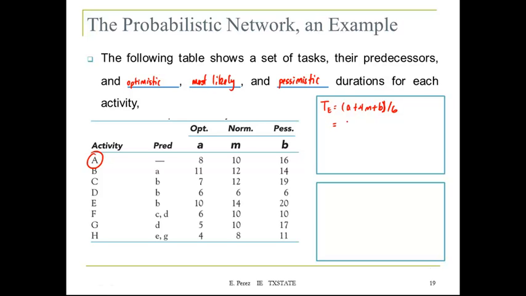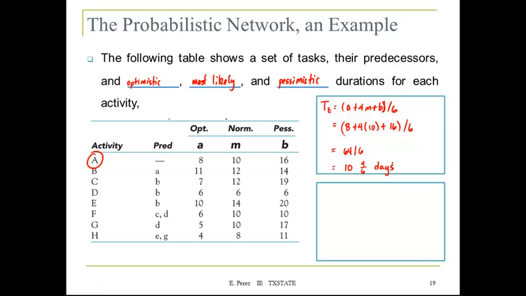So for that case, we have 8 plus 4 times 10 plus 16 divided by 6. So this equals 64 divided by 6, which is equal to 10 2/3 days.